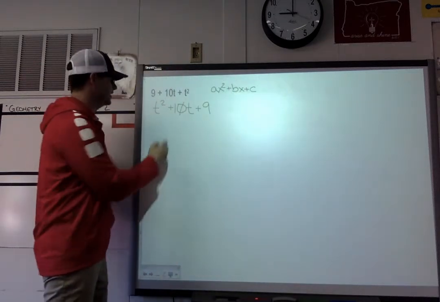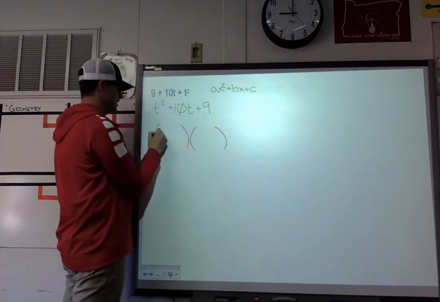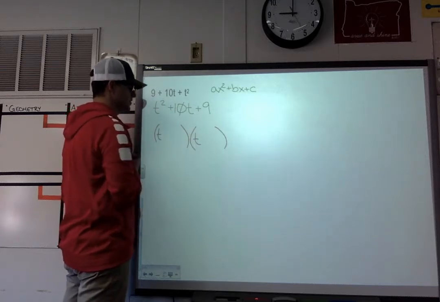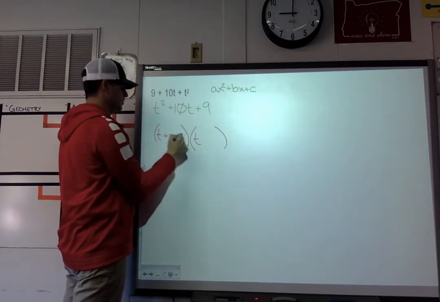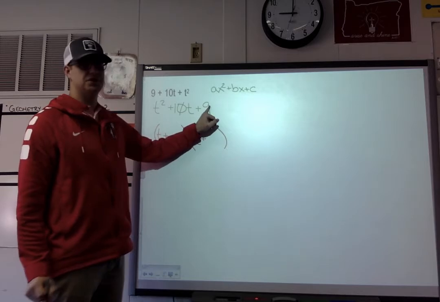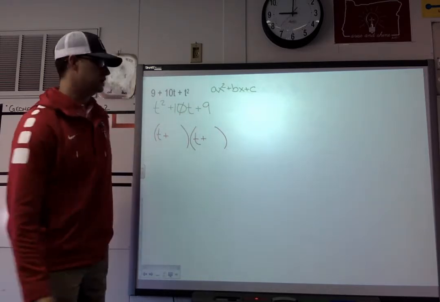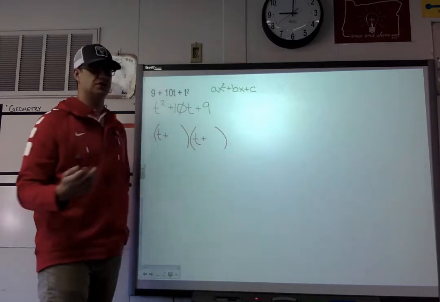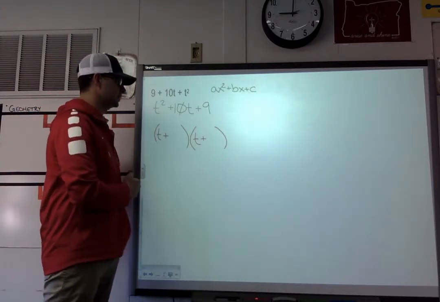So now we can factor it. Again, we know we're going to have two binomials. T is our variable, so that's what they'll start with. B and c are both positive, so they will both contain addition. Now, two numbers that multiply to 9 and add to 10. We know that 9 we could use 3 times 3, but if we add those, that gives us 6, so that's not going to work.